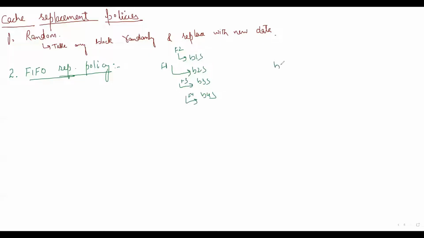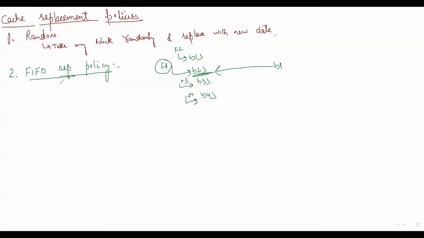Now since we have to place a new block, so which one should we replace? We should replace the first one which was occupied. So which one is the first one? The first one is this particular block. So we will replace this and put a new data at its position. So this is first in first out replacement policy.